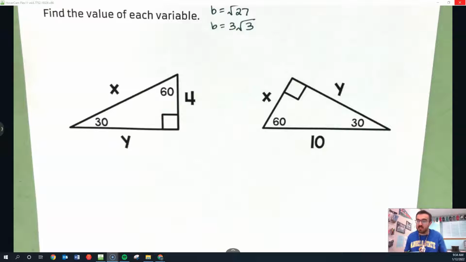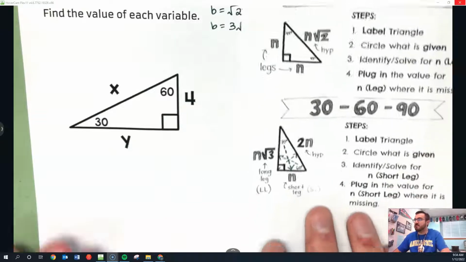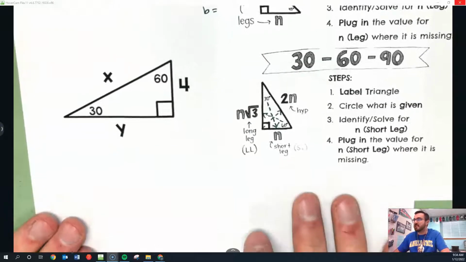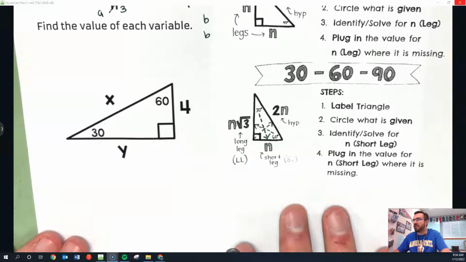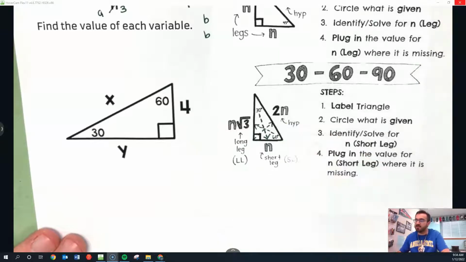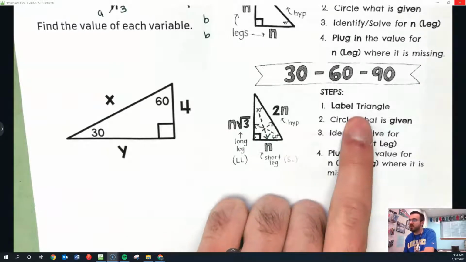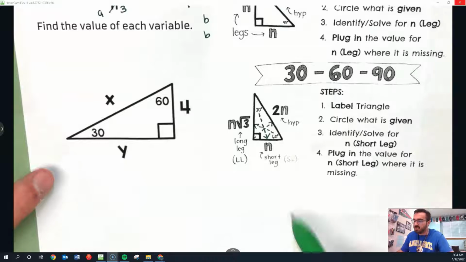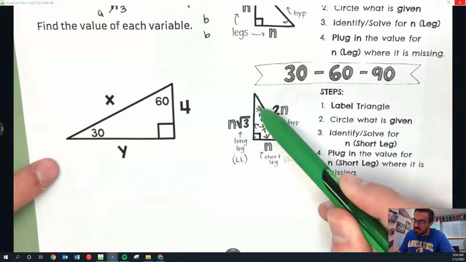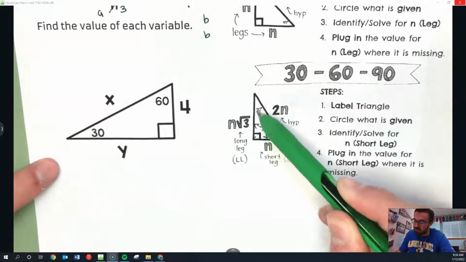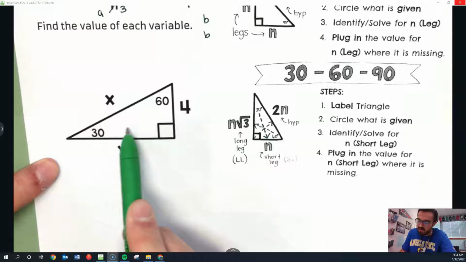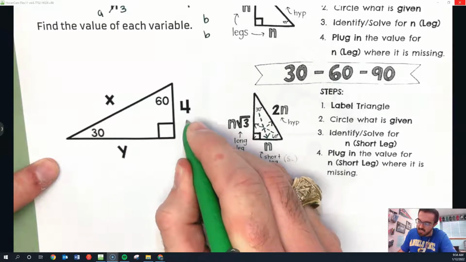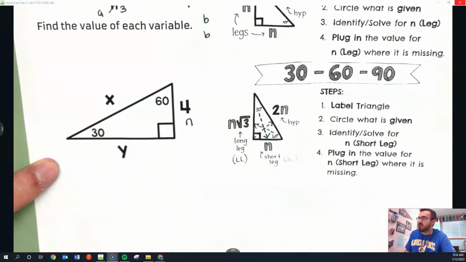Let's just do the same steps we did last time to solve this. Same exact steps as we did for the 45, 45, 90 triangle, except we have a new picture. The first thing we're going to do is label our triangle. As you can see from our picture, the side across from the 30-degree angle is going to be labeled n.